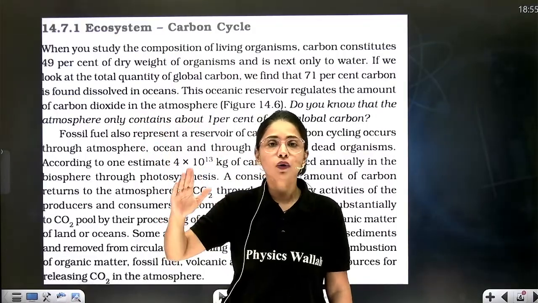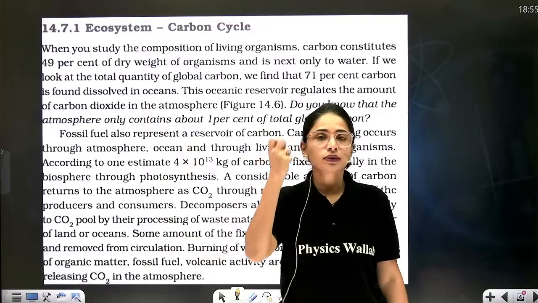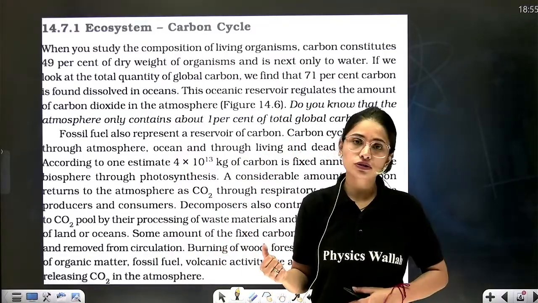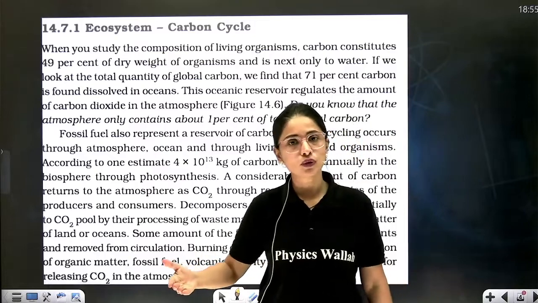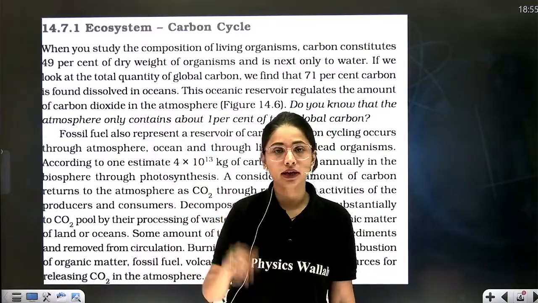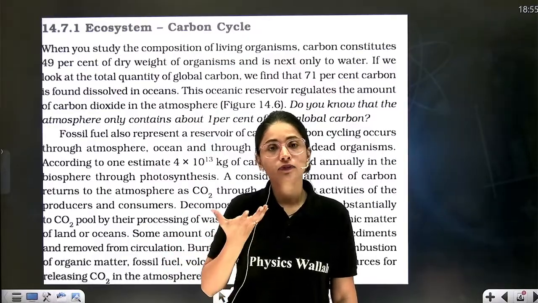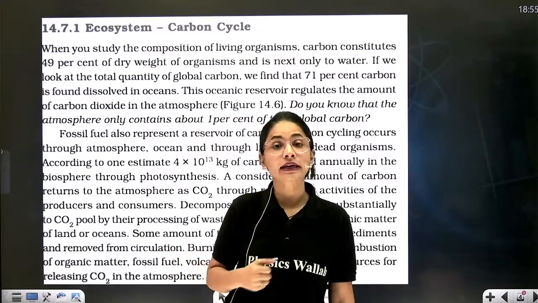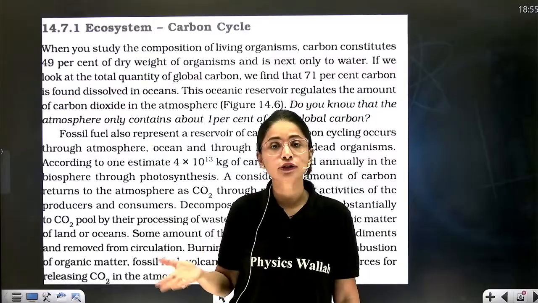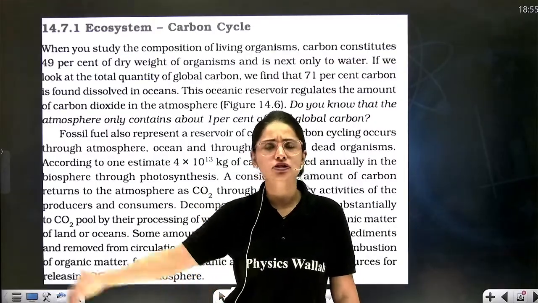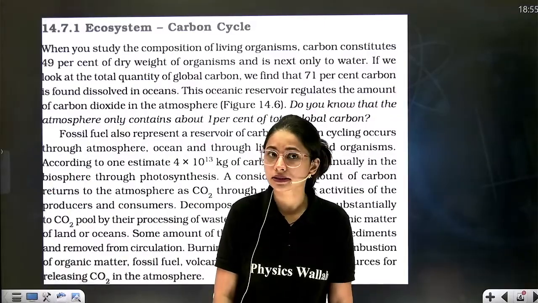Plants are the only organisms who take in CO2, use that CO2 for photosynthesis, produce food and release oxygen in return via photosynthesis. Correct? The carbon which is taken up by the green plants is fixed into glucose, and then that glucose forms the biomass and then it is transferred to different organisms.